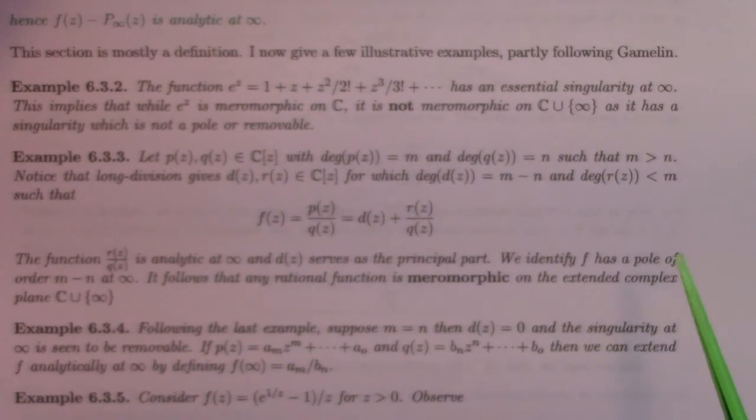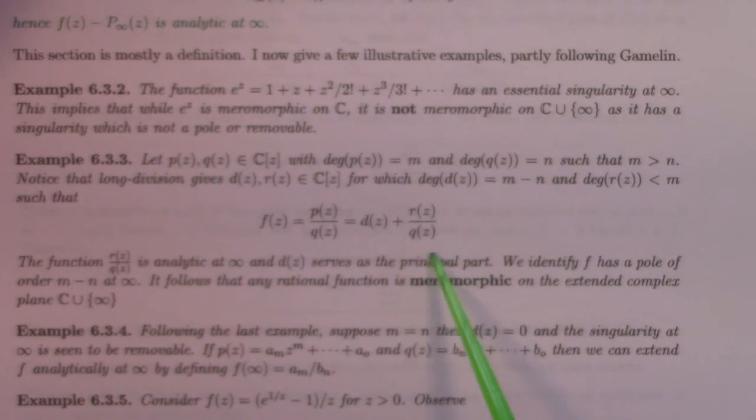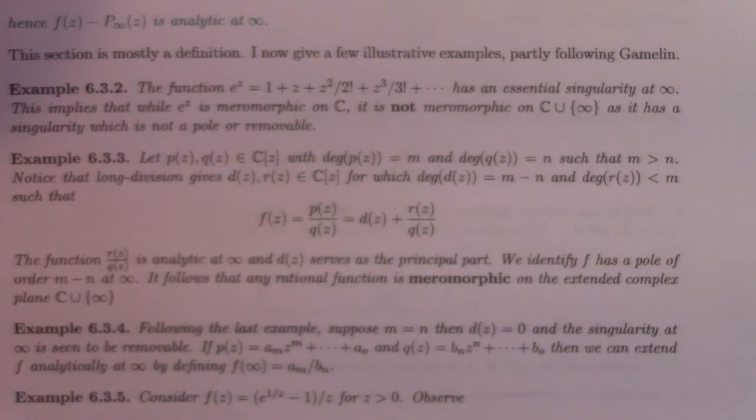So the principal part is d of z, and the other piece is analytic at infinity. Anyway, any rational function is meromorphic, is the bottom line there.